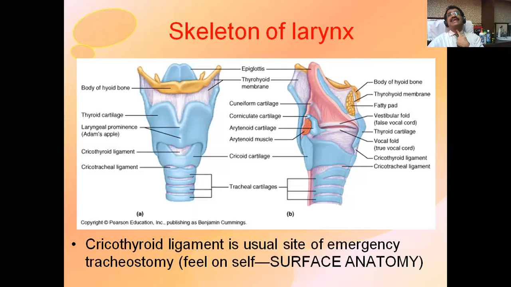In that case, direct entry is given to the air from here, and that small operation is called tracheostomy. Tracheostomy means it is kept open and one pipe is inserted, so air will go directly to the lungs, and the person will be saved from that emergency. This operation is very common in cases of unconscious patients and patients who have entered into a coma.